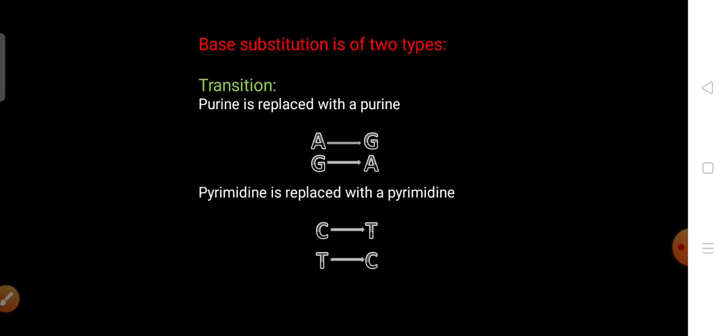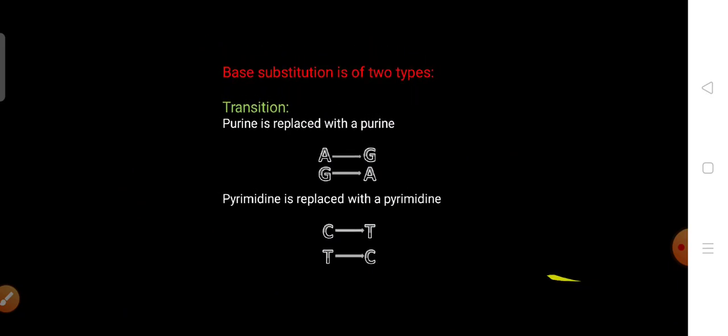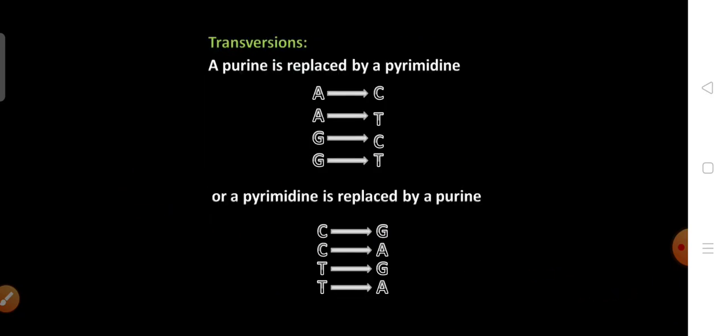What is a transition? One purine is replaced by another purine, like A can be replaced by G or G by A, or a pyrimidine is replaced by a pyrimidine, like C is replaced by T or T is replaced by C. And what is a transversion type of mutation? Wherein a purine is replaced by a pyrimidine or a pyrimidine is replaced by a purine.